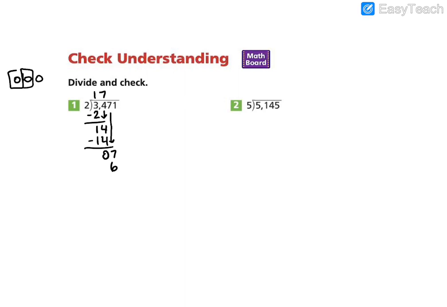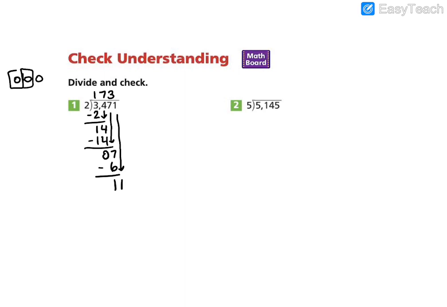When I divide those 6 tens into 2 groups, I'll have 3 in each group, but I will still have 1 ten that's remaining that I need to regroup. I can regroup it with my 1 one for 11 ones. Is 11 a multiple of 2? 11 is not a multiple of 2.